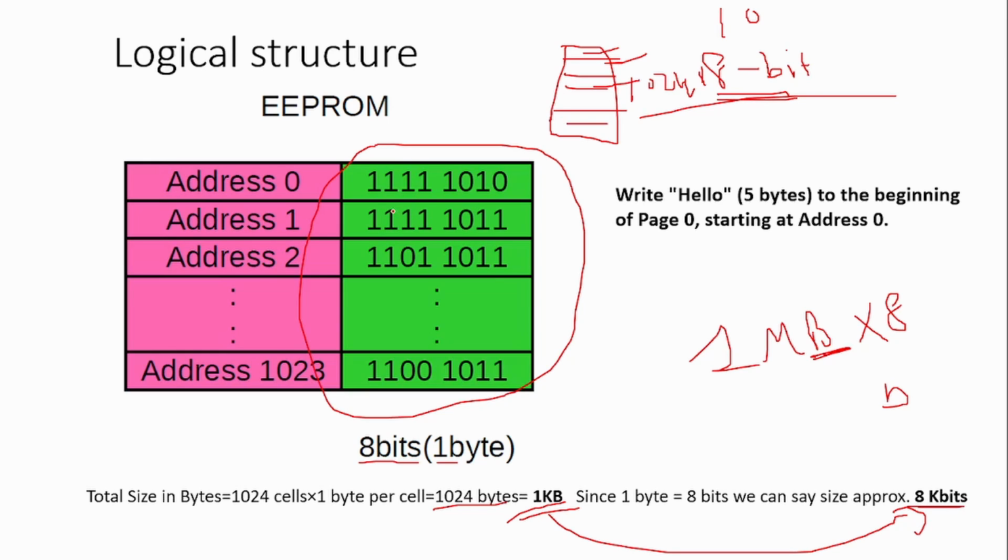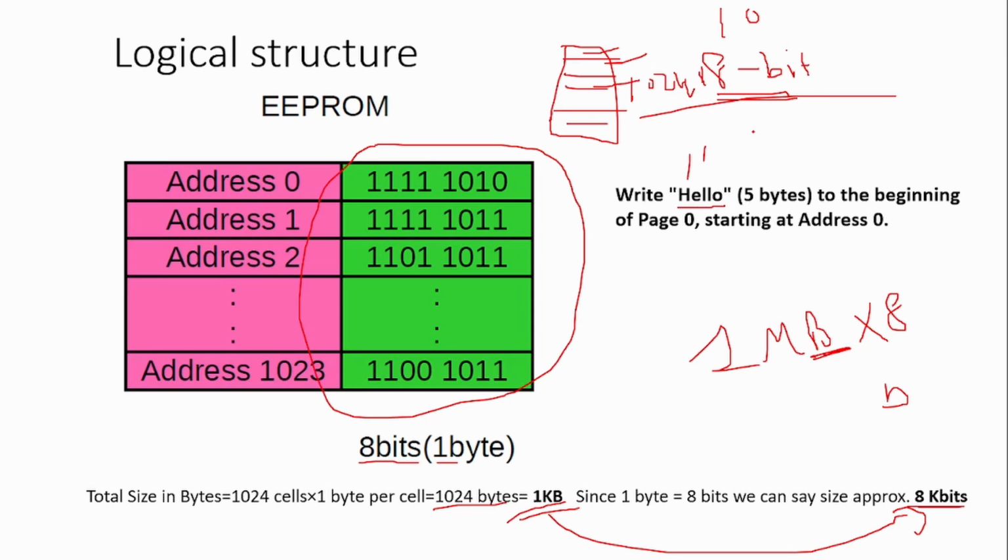Now in this experiment we are going to write some message on this EEPROM. Each EEPROM has a different number of rows, and each row has some capability, like 8 bits. If I want to write the message hello, how can I write it? We all know about ASCII.